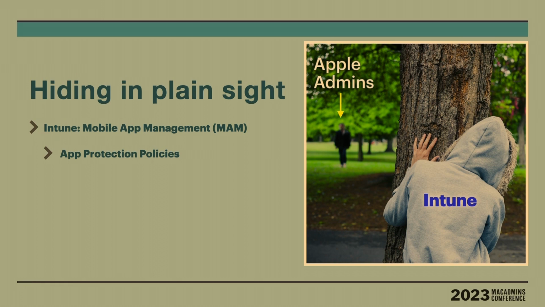Now, I had just gone through Intune training because, hey, free training, right? And they didn't even cover this conditional launch thing that we're going to talk about. It is specifically data protection for licensed accounts.